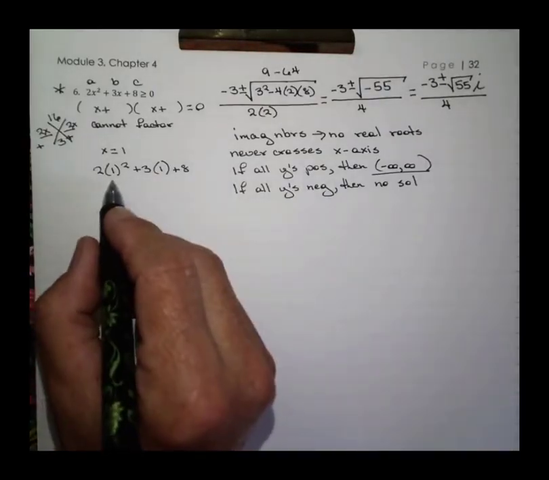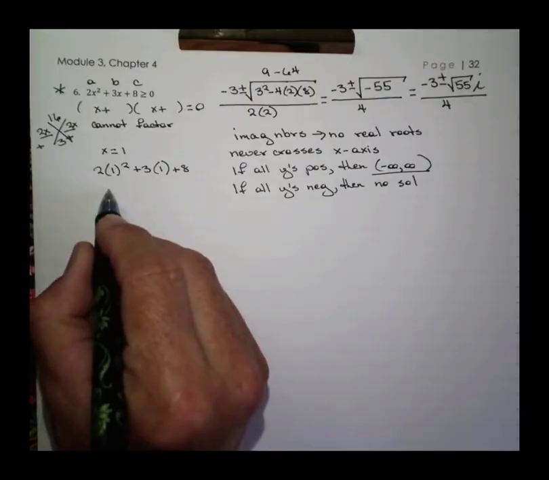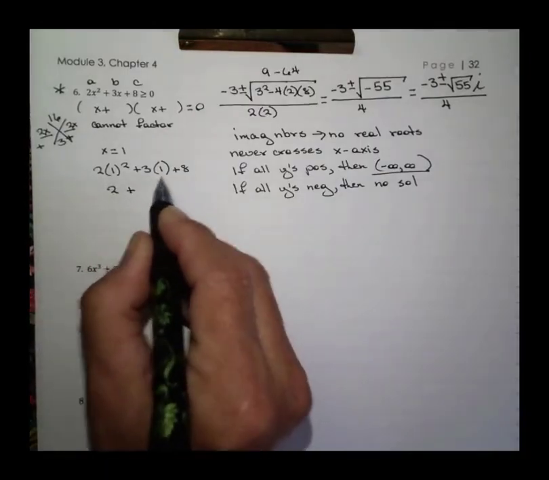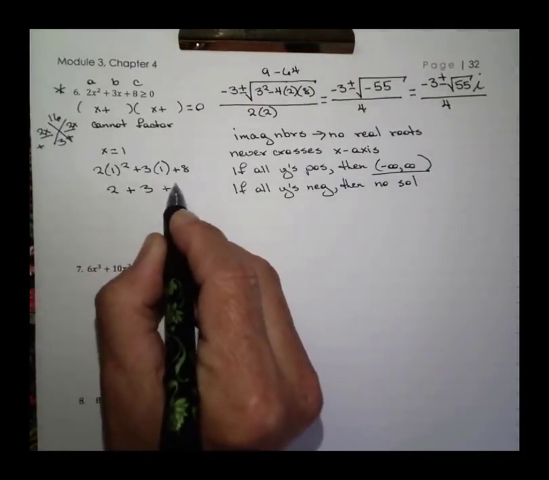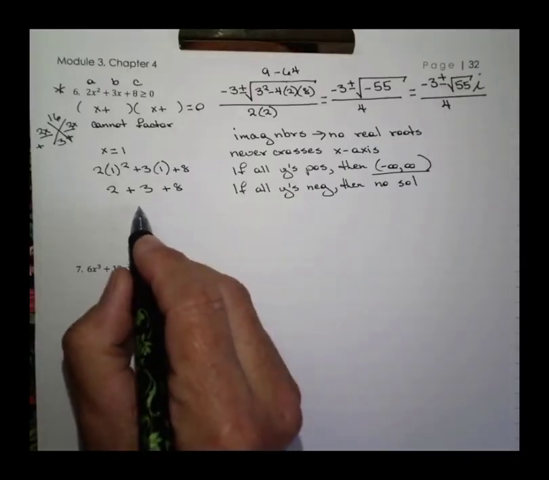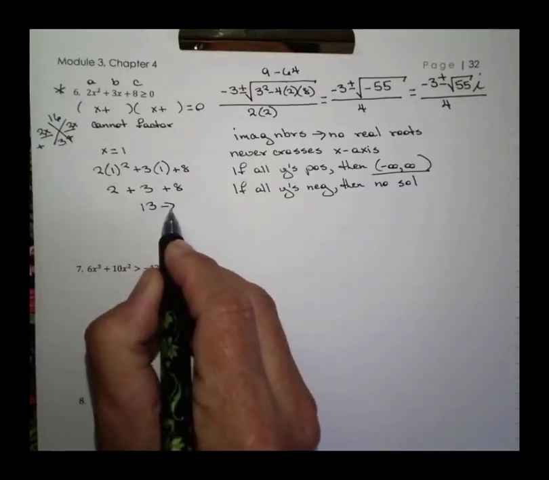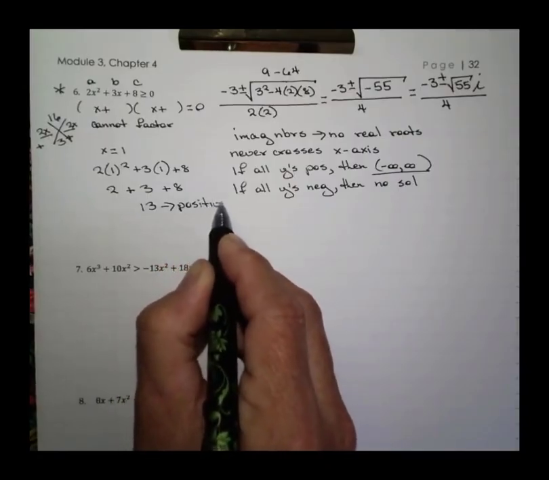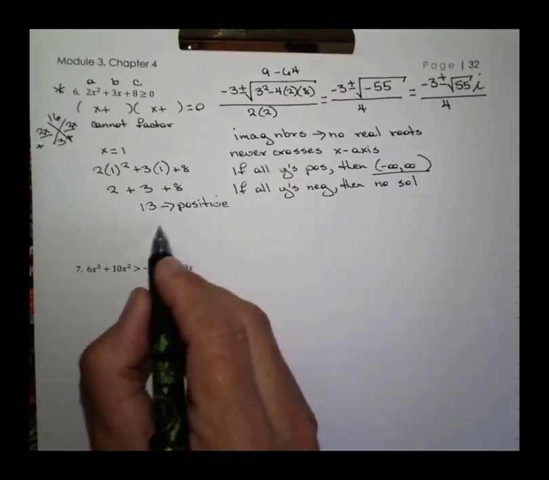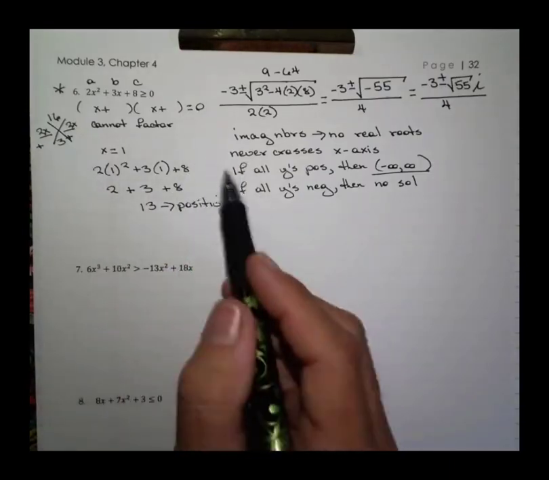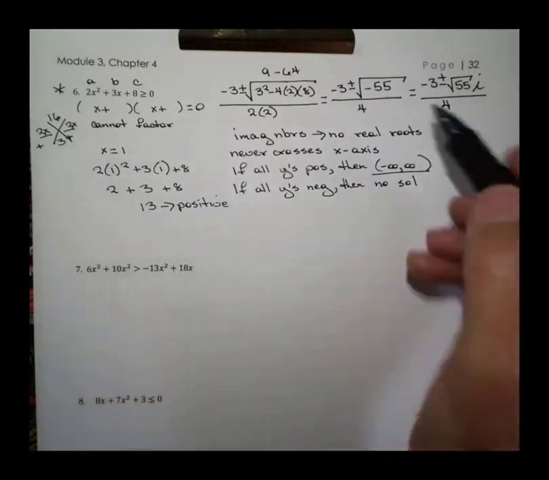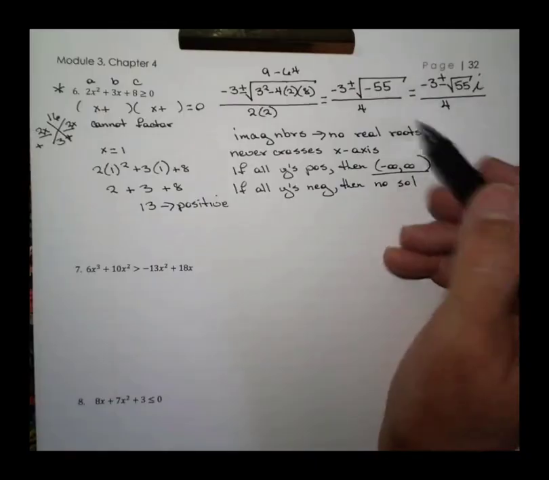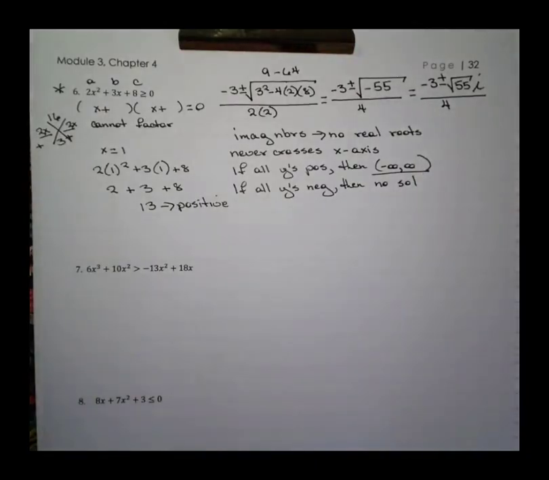It came out with 2 times 1, which is 2, plus 3 times 1, which is 3, plus 8, and you can tell already it's going to be a positive number. It's positive 13, but all I really care about is that it is positive. And that says everything in that graph is therefore going to be positive, because what we know is that it never crosses that x-axis, so it can never go negative.